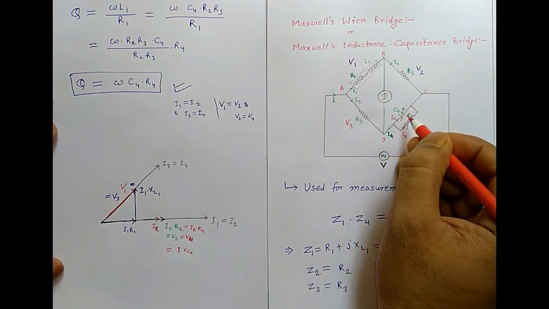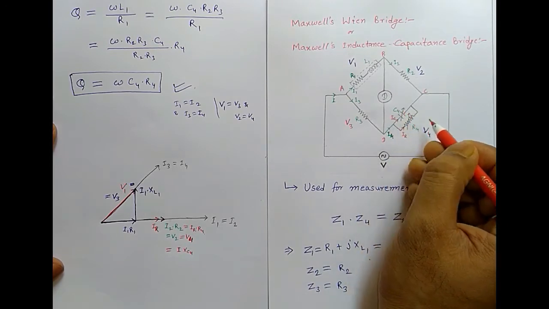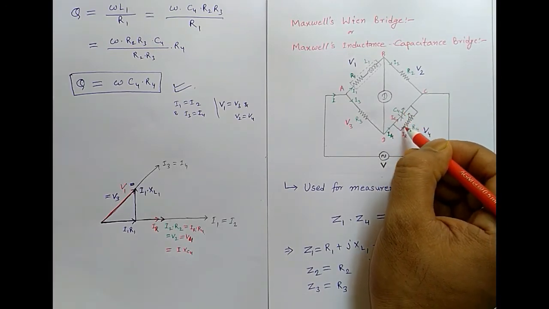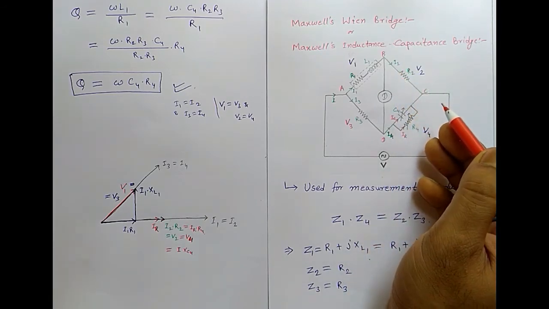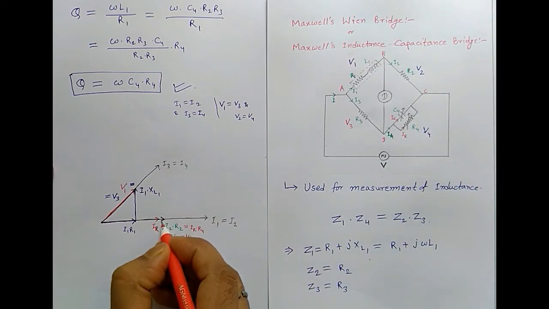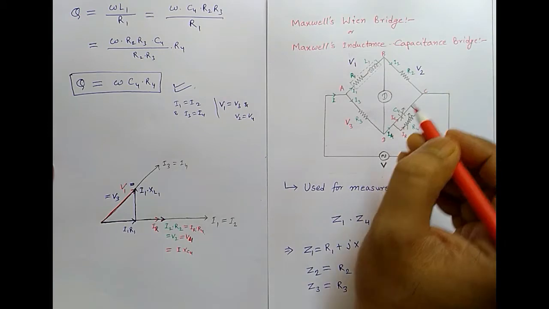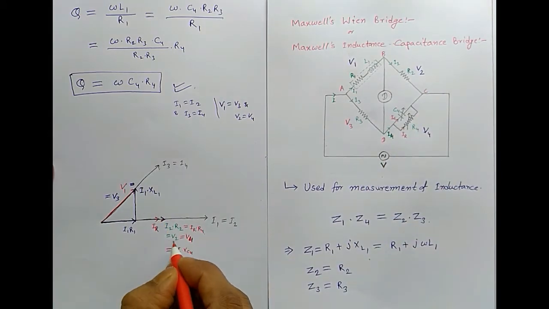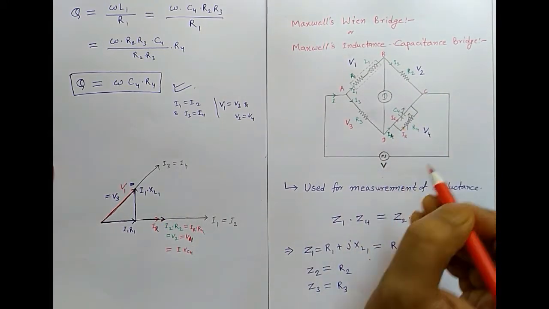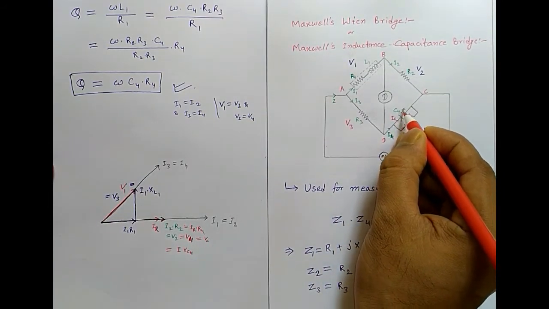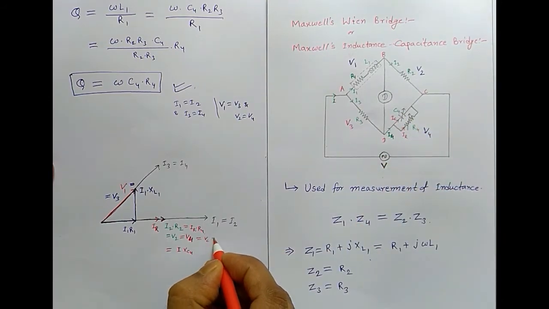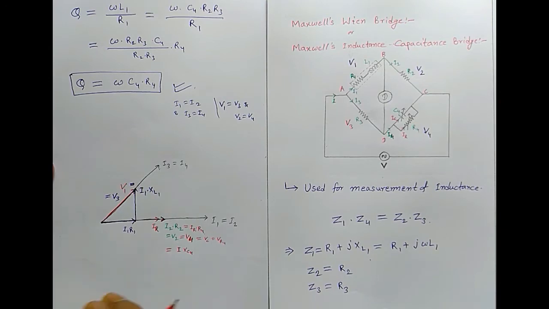The voltage across the capacitor and the voltage across this resistor are all at the same point. I2 into R2 is V2, which equals V4. Let us assume this is VC and this is VR4. So VC and VR4 are all on the same point.